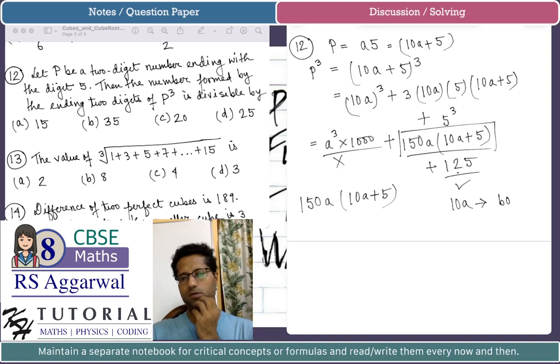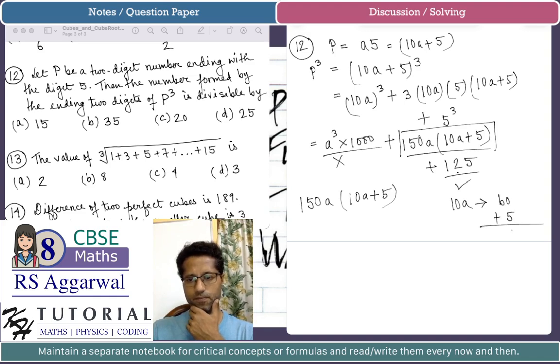So it will be of the form B0, where B is again a digit from 1 to 9. So 10a is ending with the digit 0. That plus 5, so 10a plus 5 will obviously end with the digit 5, and this will be B5, where B is any digit from 1 to 9.